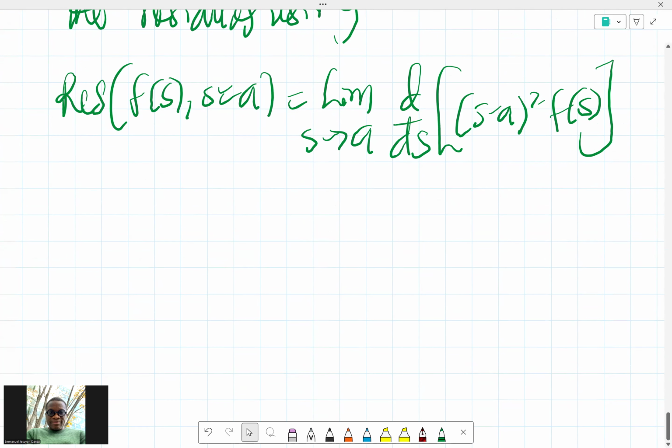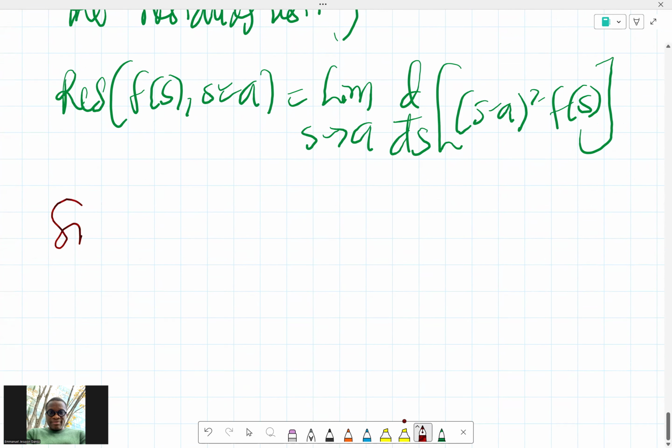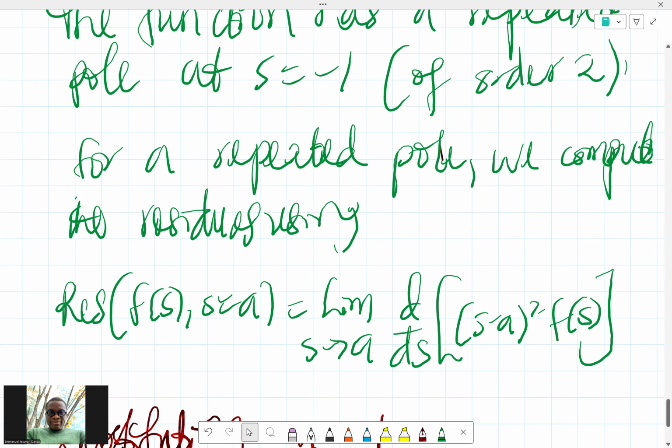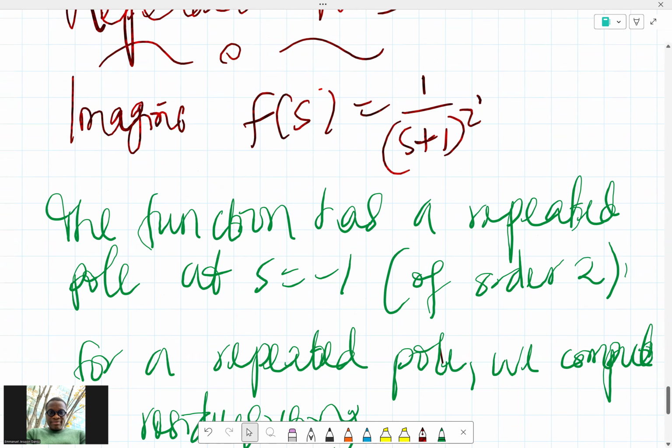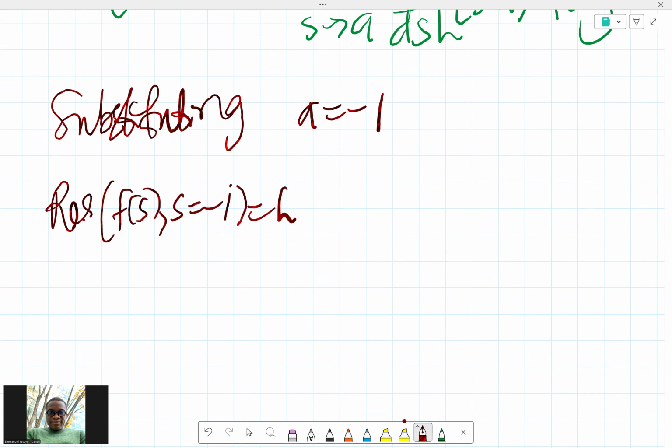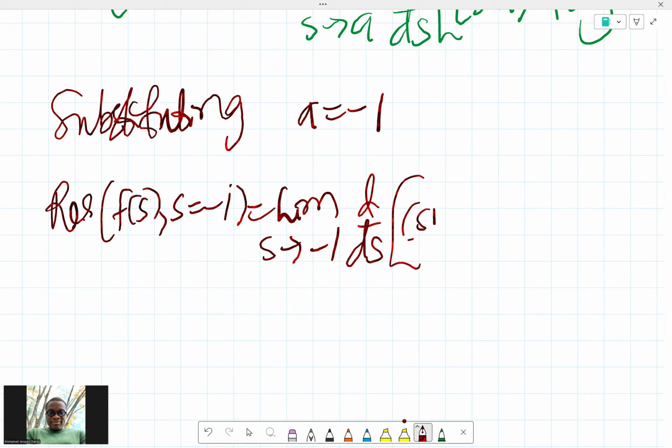So in this case, substituting a equals minus 1, like we have here already, the residue of f of s at s equals minus 1 equals the limit as s approaches minus 1 of d/ds of (s plus 1) squared times f of s.